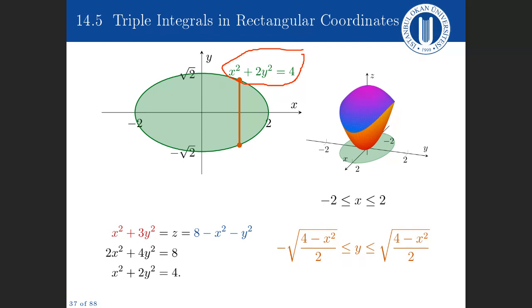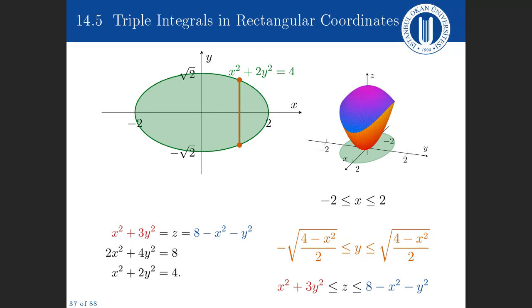And then finally, what possible values can z take? That's easy, we're told in the question. We're told that z must be between x squared plus 3y squared and 8 minus x squared minus y squared. So we've got our limits of integration.